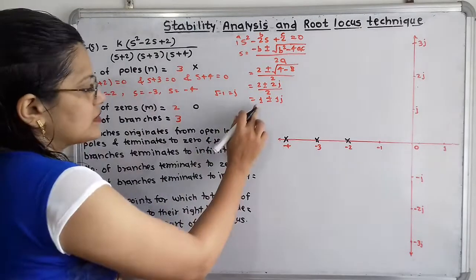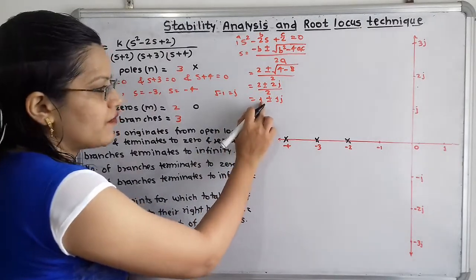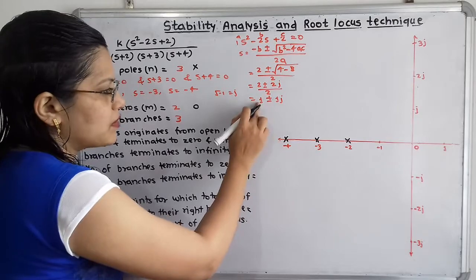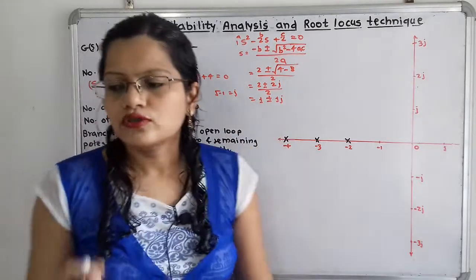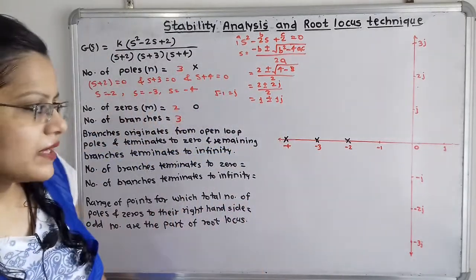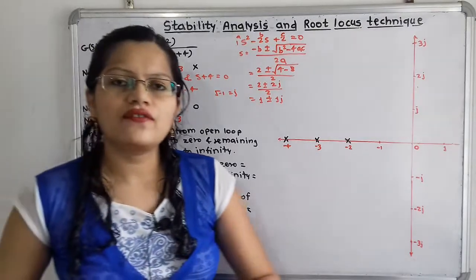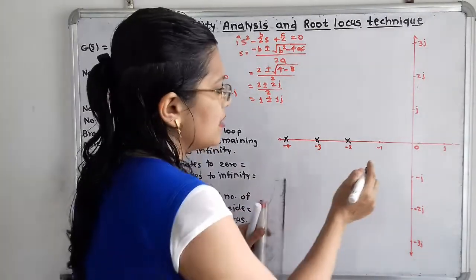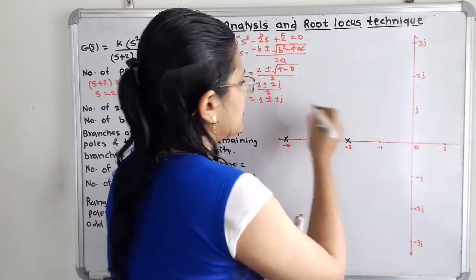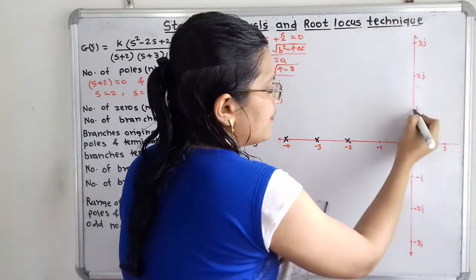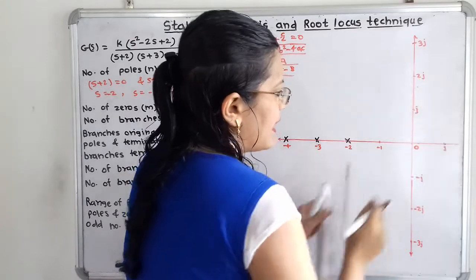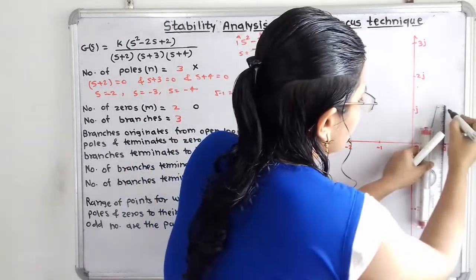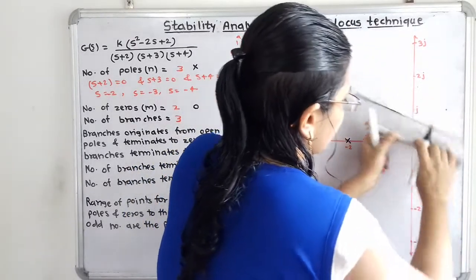Now the zeros are at plus 1 plus j and plus 1 minus j. So plus 1 is a real number and it is the combination of real number and imaginary number. So we have to use the scale. For this plus 1 plus j, so here is j. If I extend this horizontal line and vertical line, we have to select the point of intersection.